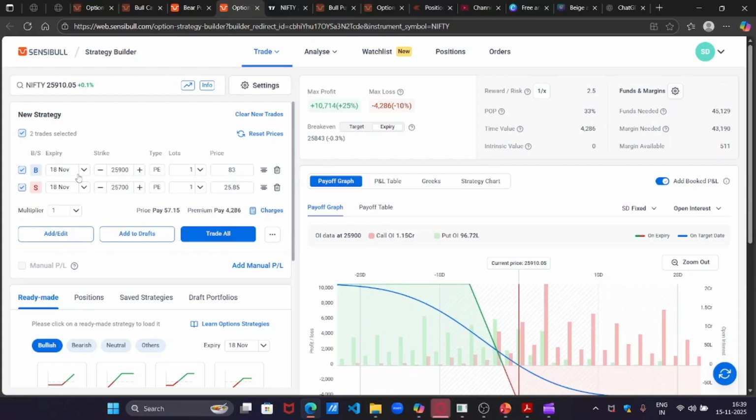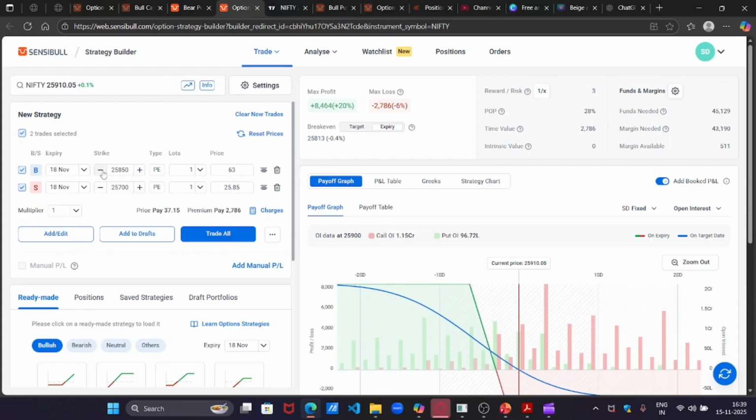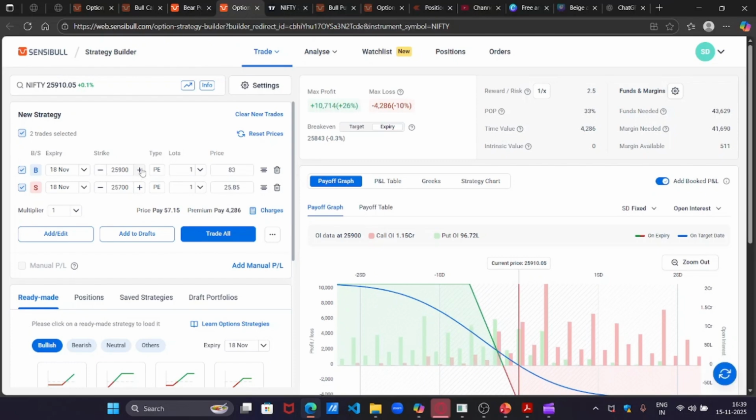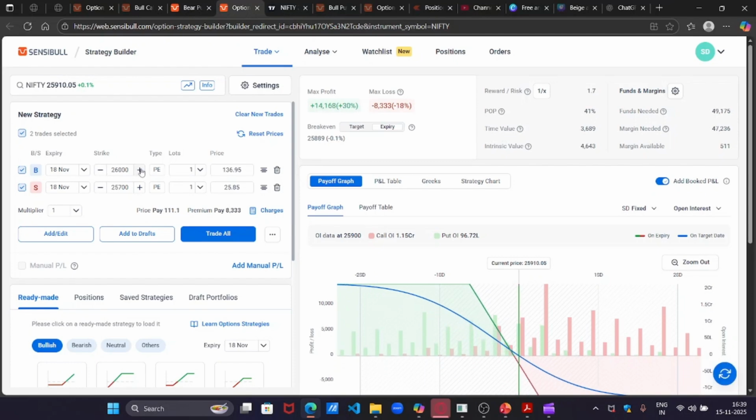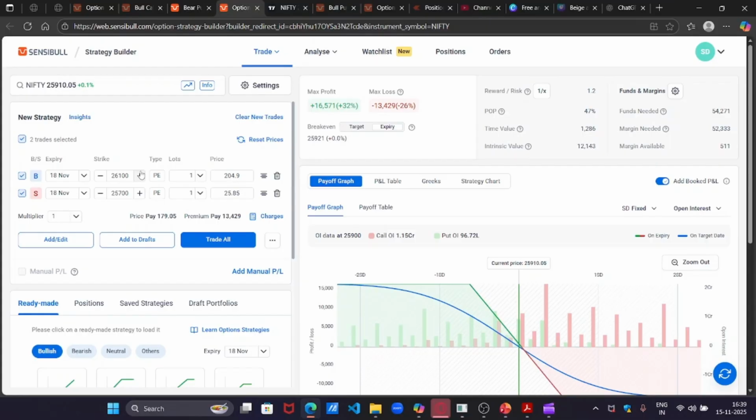See, it will be the same thing like how we had for the bull call spread. So if you want to increase the probability of profit, what you can do is bring this a little far from the selling leg.